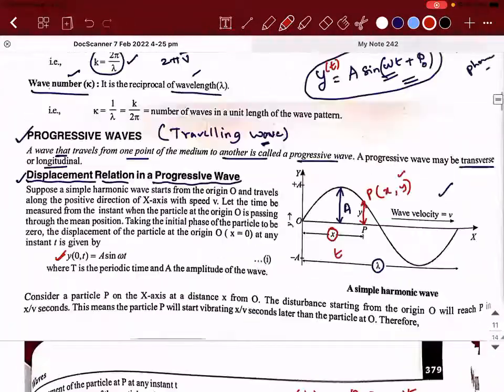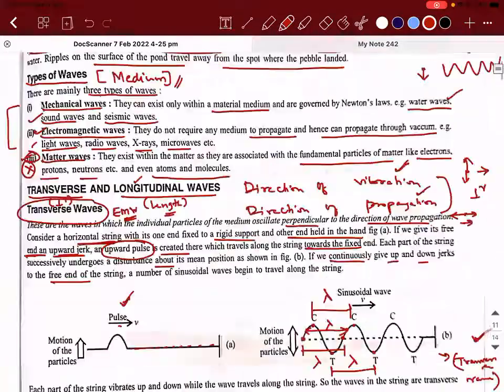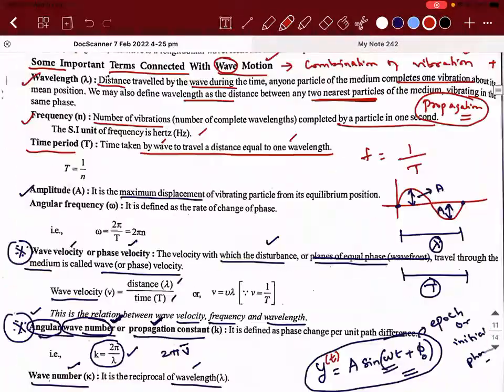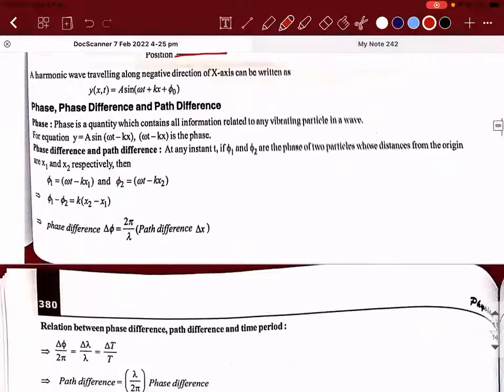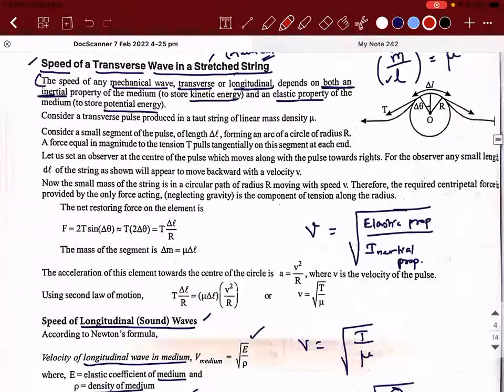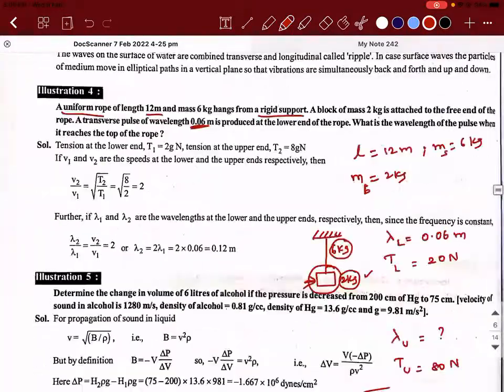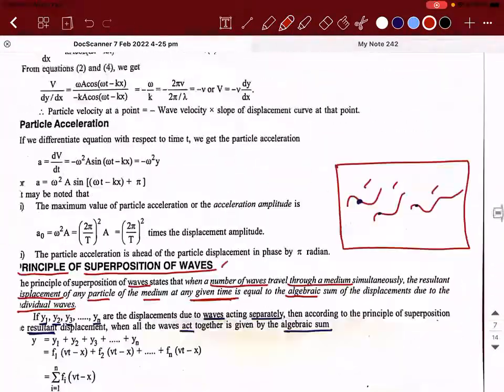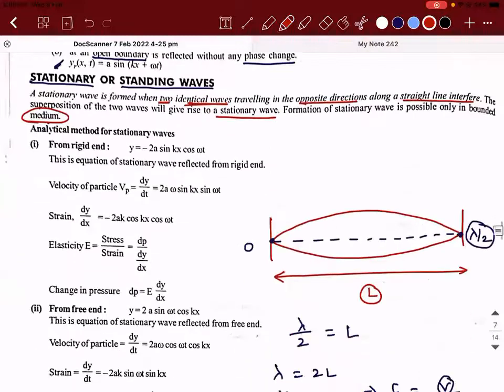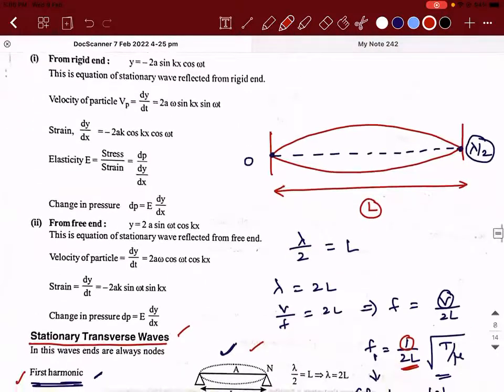Let me check if I missed something. That's it, guys. So we are done with this chapter. So it's now your turn to revise it. You can use the study material and revise it.